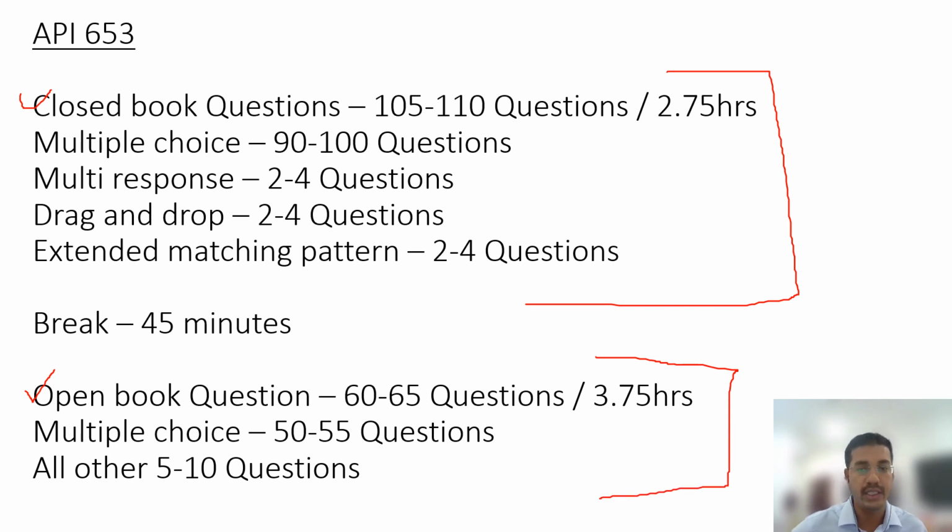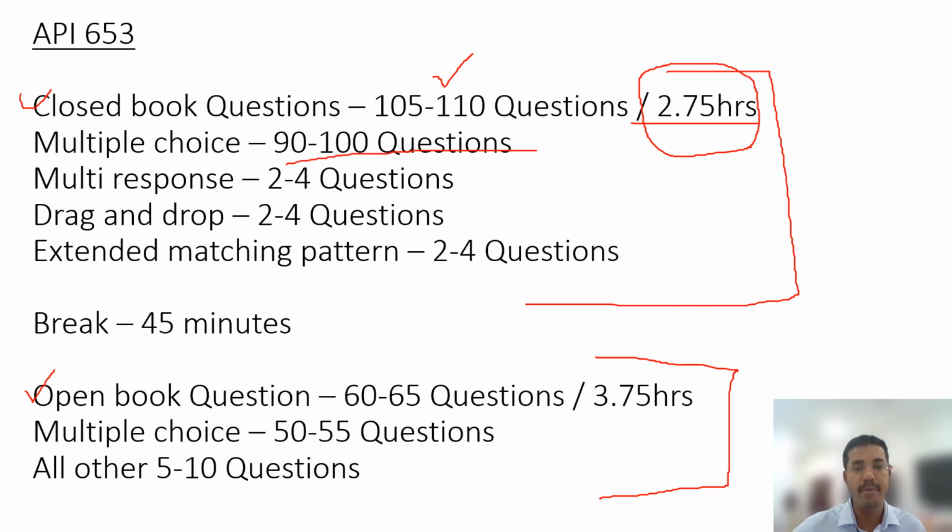In the first session, the duration of the exam is 2.75 hours, which is 2 hours 45 minutes, and the number of questions is around 105 to 110. It is not fixed. Usually 110 questions come, but it varies. Out of these, 90 to 100 questions are multiple choice.